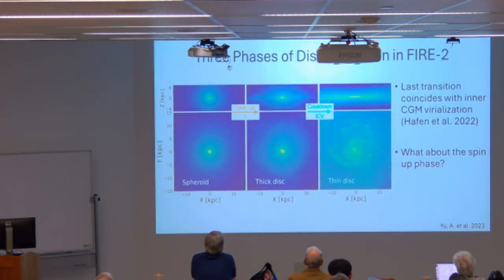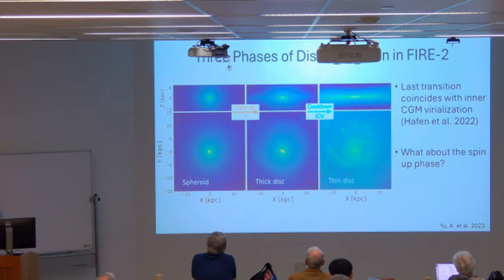So here is visually these 3 phases. James showed this paper from Anna in his talk, and this is mentioned again. So we have our spheroidal protogalaxy which spins up into a hot thick disk, and then cools down into a cold thin disk.